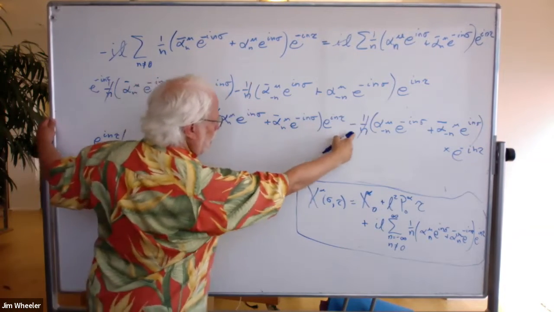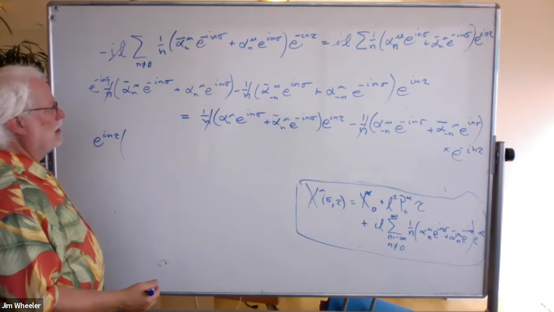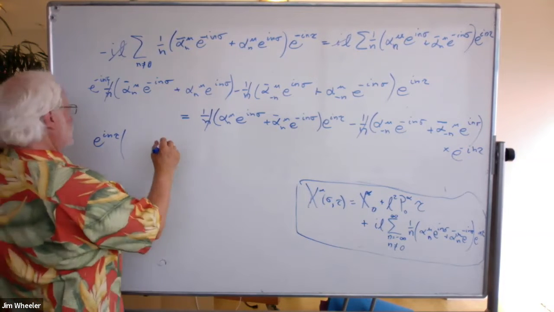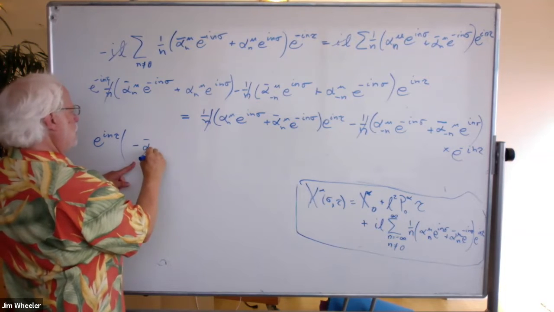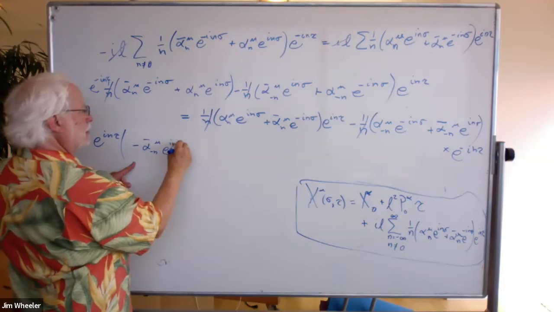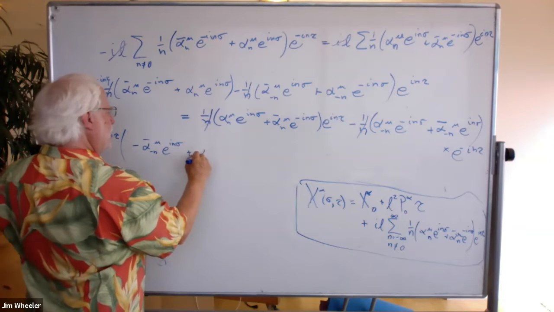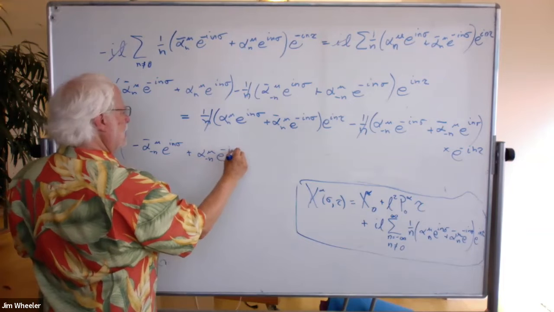We've taken into account n minus n, so we don't need those anymore. So we have minus alpha bar of minus n mu e to the I n sigma plus alpha of minus n mu e to the minus I n sigma.